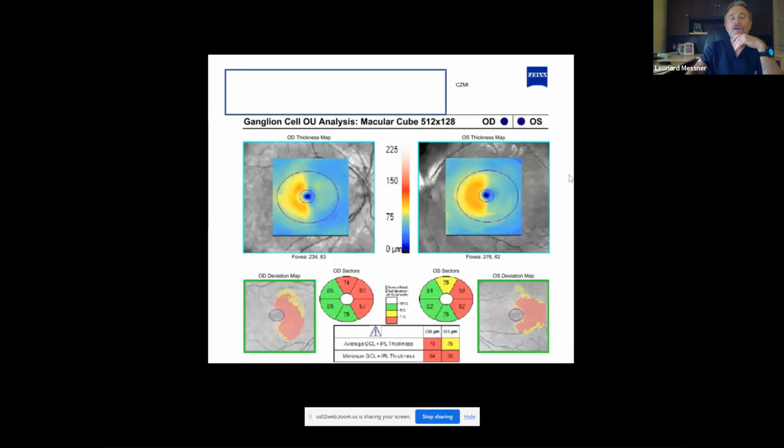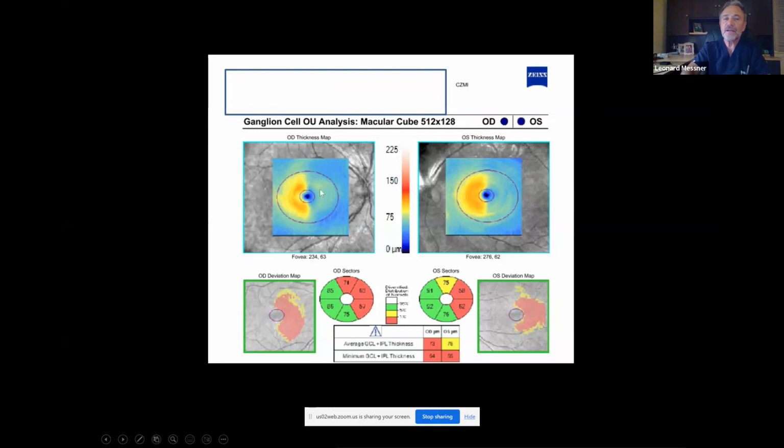But looking at the ganglion cell complex, what you can beautifully see here is that in the left eye, the temporal fibers that are going straight back. Remember, ultimately, these guys are communicating with the ganglion cell layer, the ganglion cell complex. So you can see that temporal to the macula, in the left eye, we have this thinning.